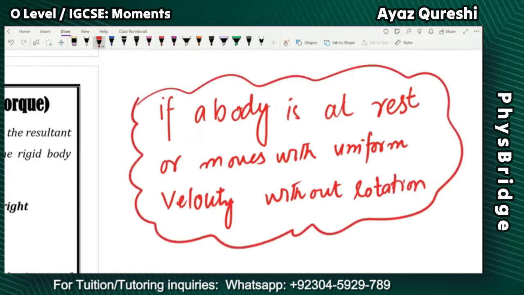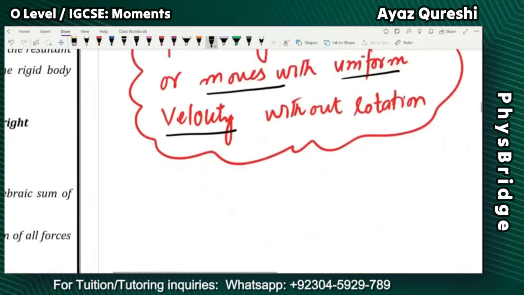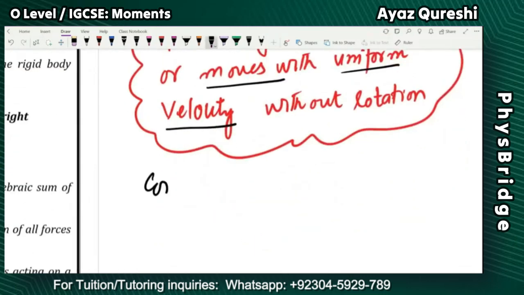A body is at rest, or it moves with uniform velocity. It means it is not having any change, or you can say constant velocity. So there are two conditions for equilibrium. These are asked in your exam for 2 marks.